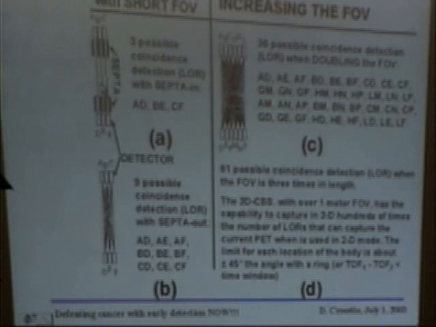We don't need a PET longer than 15 centimeters because they are referring to this technique. However, let's make an example: A, B, C, D, E, F. Sorry if I sound elementary to someone, but this is a very important concept for somebody who is listening and would like to know more about this. If we eliminate this septa, this ring of lead, and we can capture the photons that come with an angle, then there are 9 possible coincidences that we can detect.